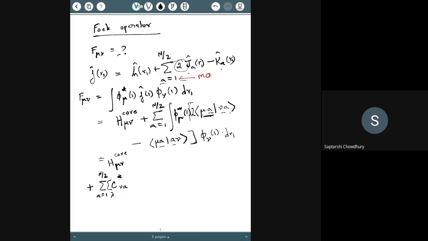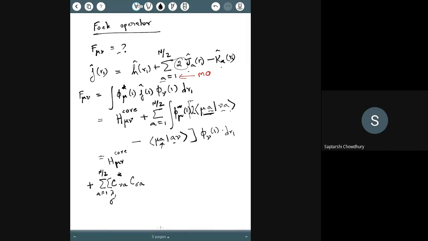And from here, I will get a C summed over sigma, C sigma A. And the same from here. From the exchange integral, you have a starred one coming from here and an unstarred C coming from here, so you will get the same thing.